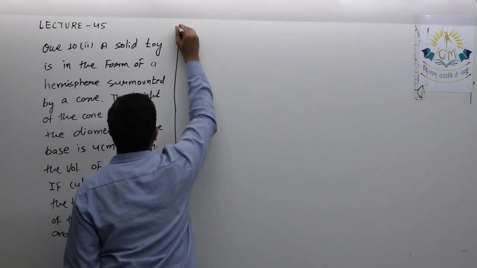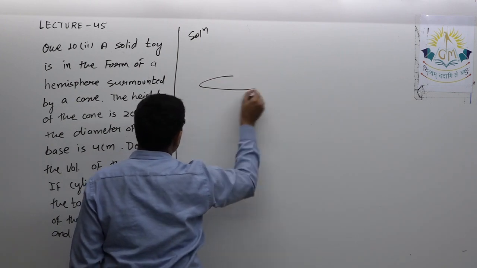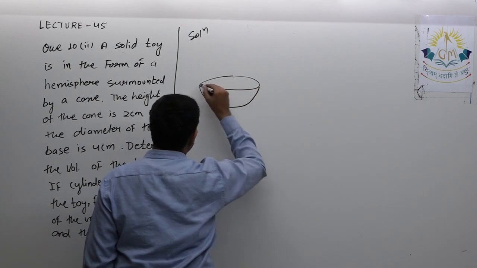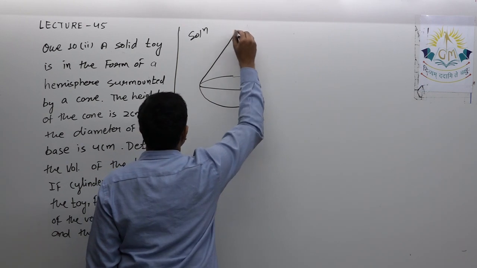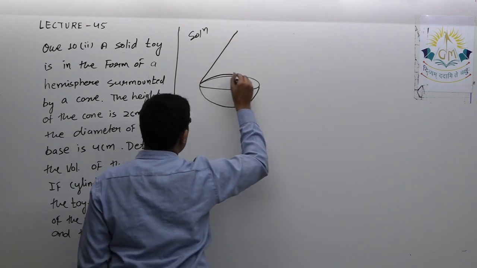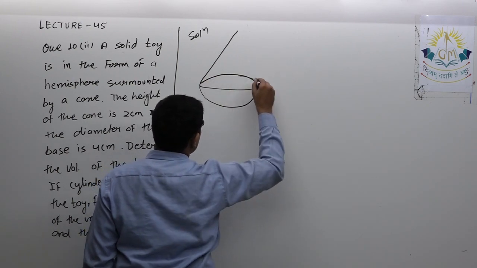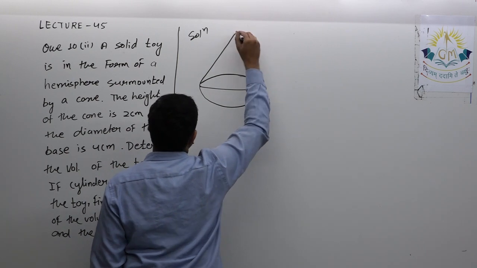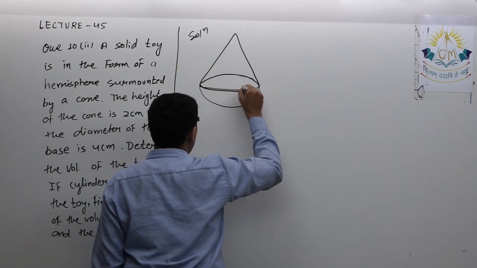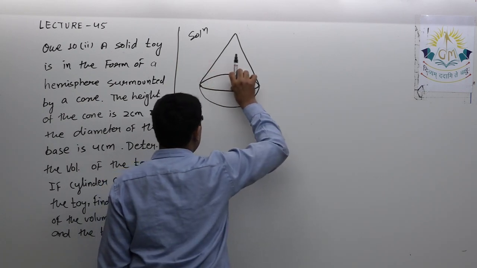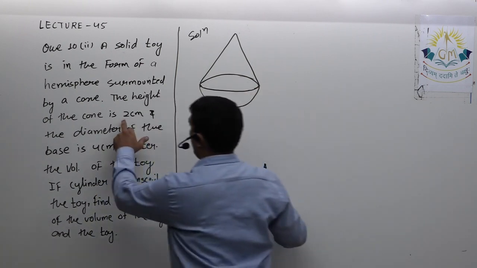A hemisphere surmounted by a cone. This is the toy.